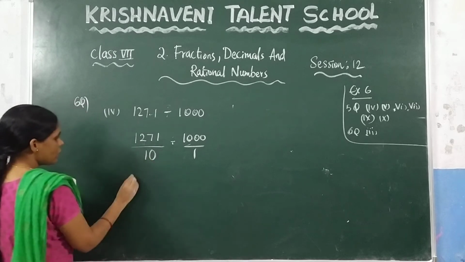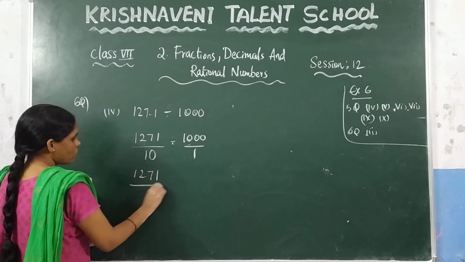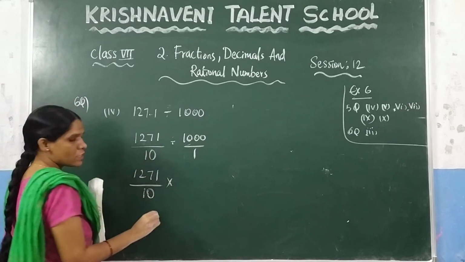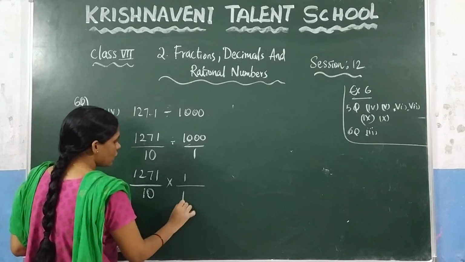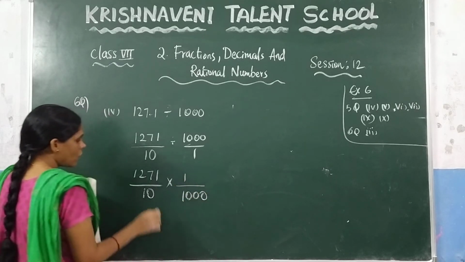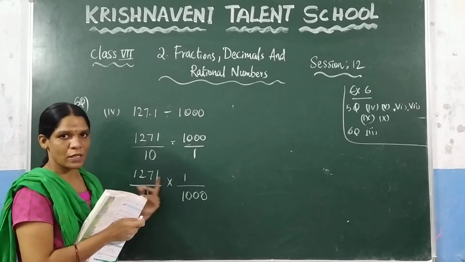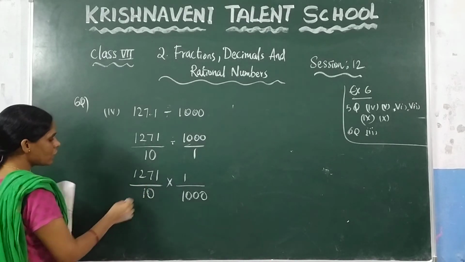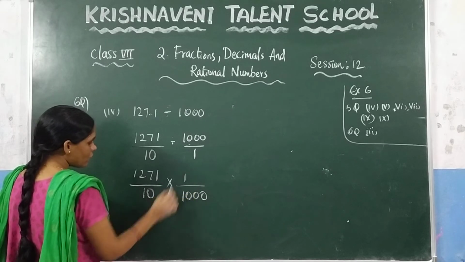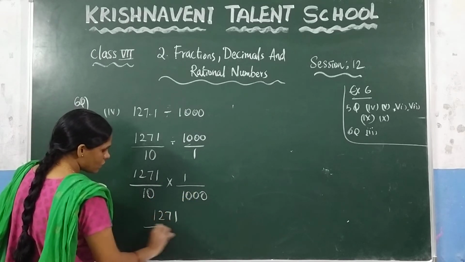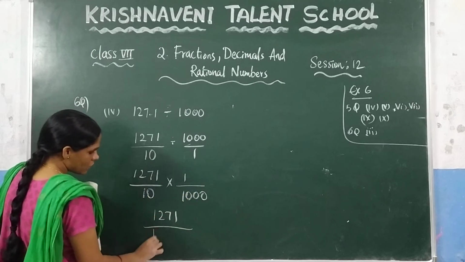Now change this division into multiplication. So just reverse the number, what will we get here? 1 by 1000. Now here you know how to multiply two fractions, just multiply the numerators. So what will we get? 1271 into 1, which is this one, and 10 into 1000, which gives you 10,000.